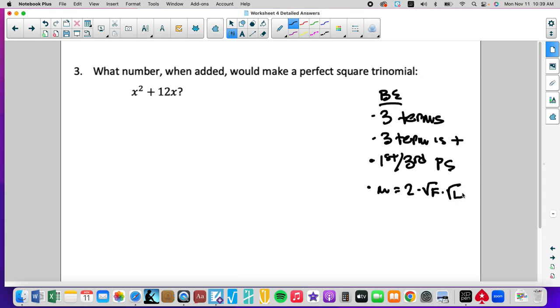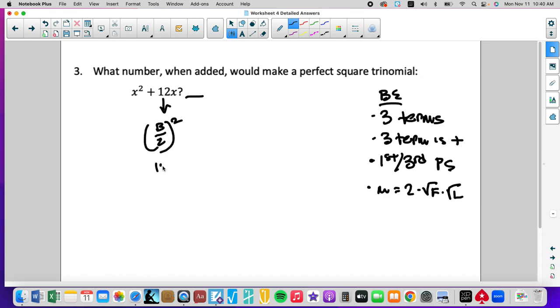Okay, so what constant is going to be here to make this a binomial square? We take half and square it is how we do this. We take this b value, take half of it, and then square it.